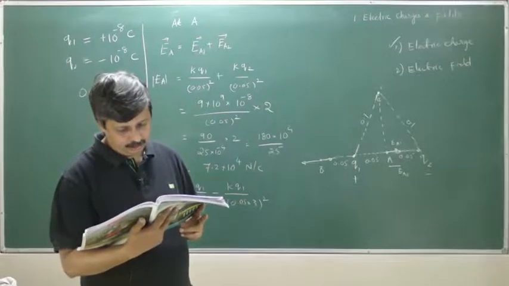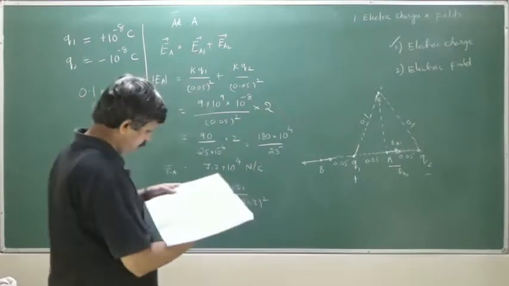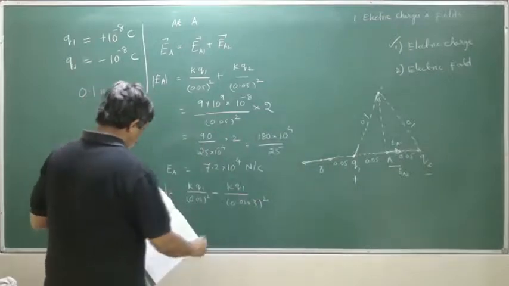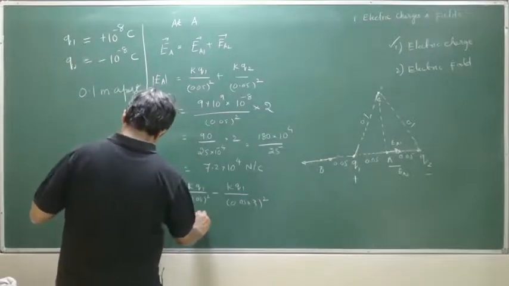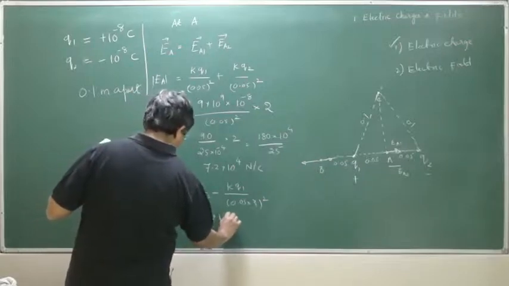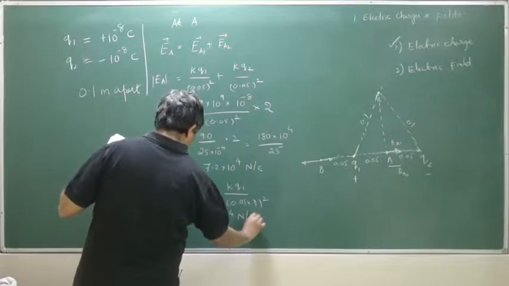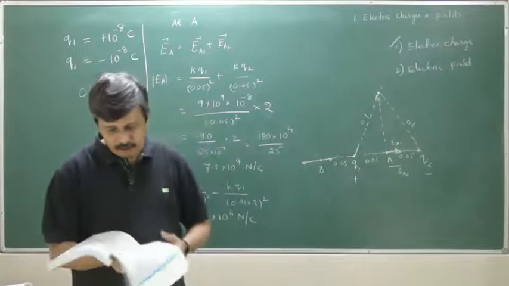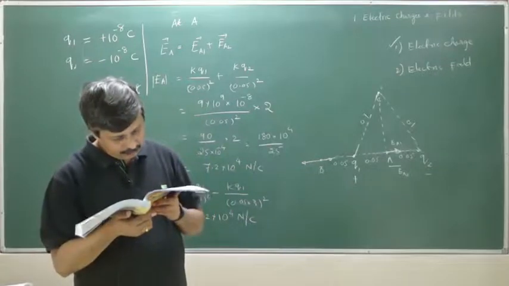EB is 3.2 into 10 power 4 newtons per coulomb. So please go ahead and calculate. It is a straightforward calculation. Let me just check whether I have done anything wrong.